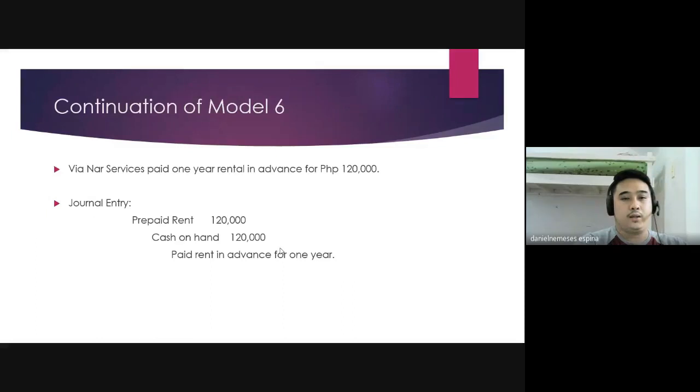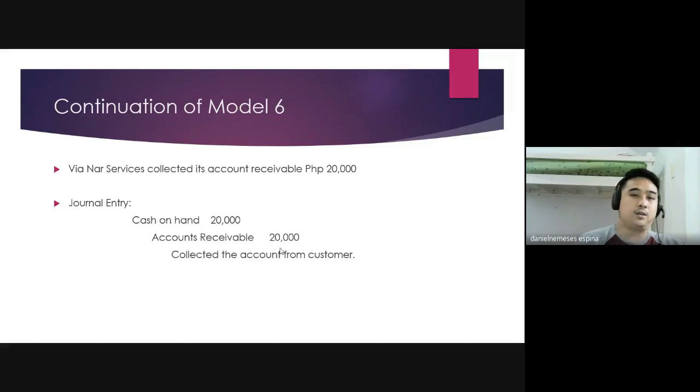Okay, another. You already received the cash. There was an accounts receivable, I think it's more than, maybe 30,000, but in this case you only collected 20,000 of the accounts receivable. So when you collect, of course you will receive something, right? You will receive the cash.